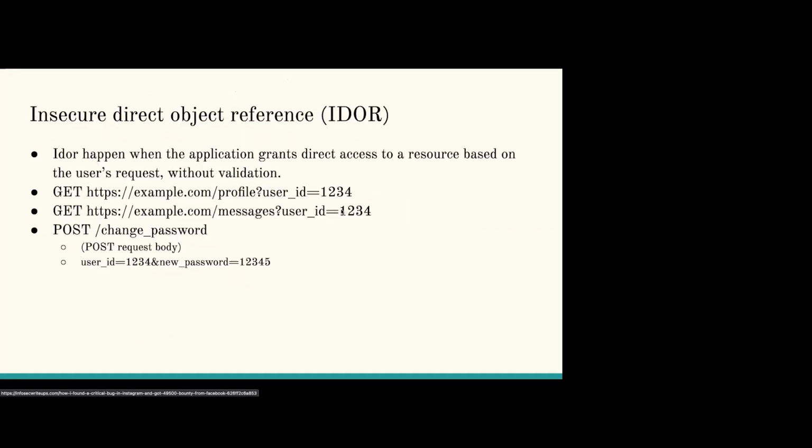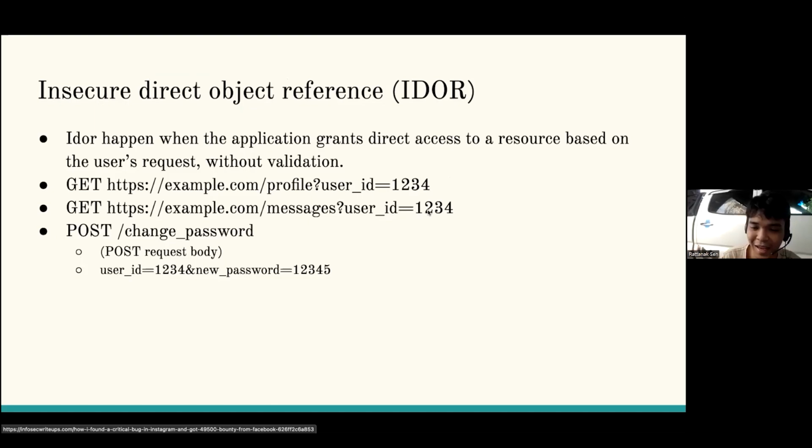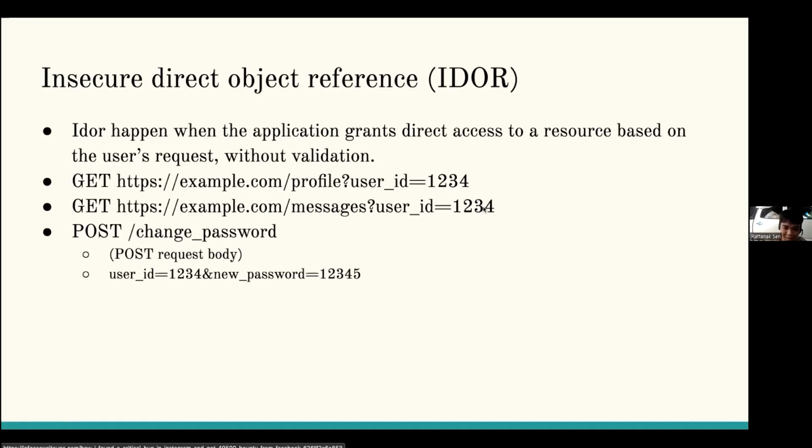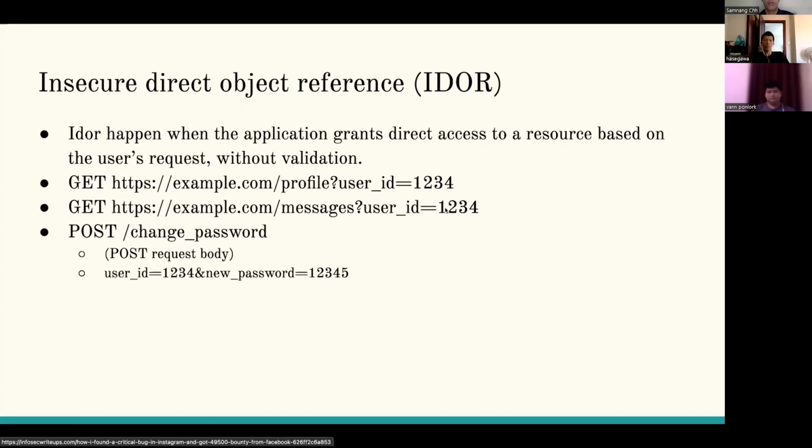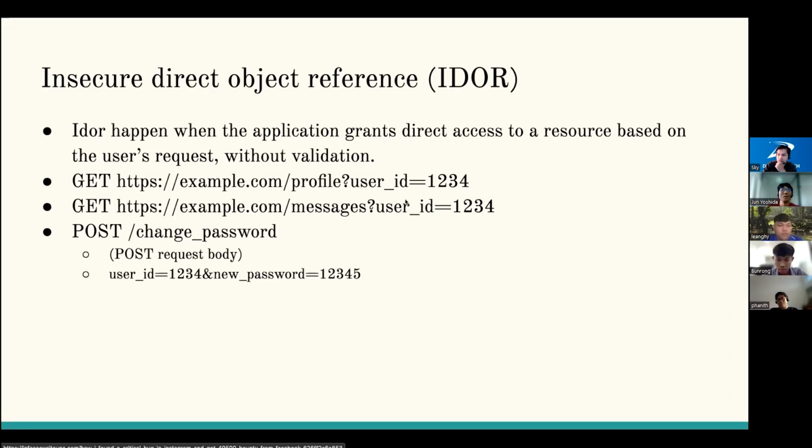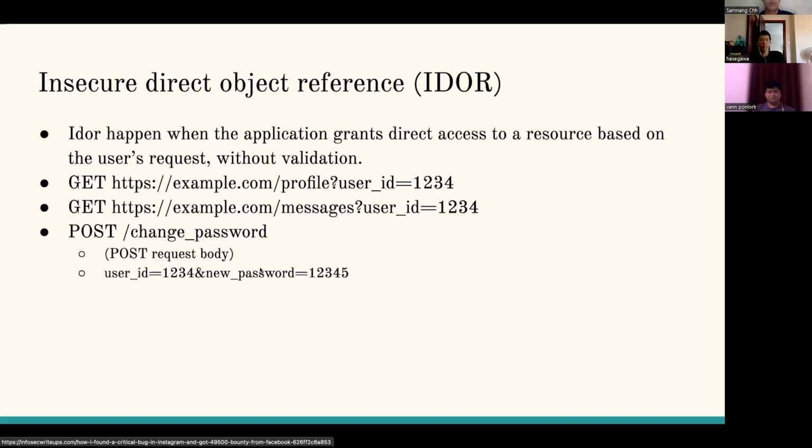If they change that ID from 123, which is my user ID, to another user ID like 12345, and example.com allows you to see the private message of the other user, it means that the view message functionality is vulnerable to IDOR.